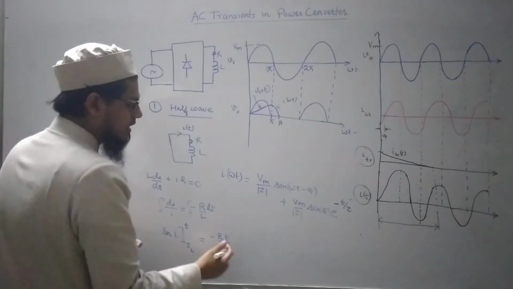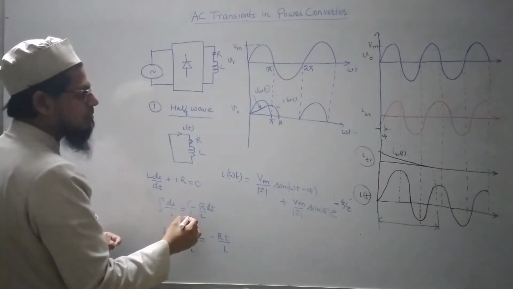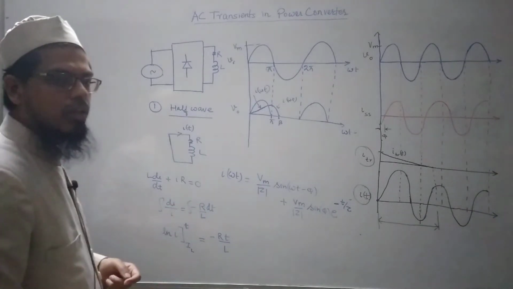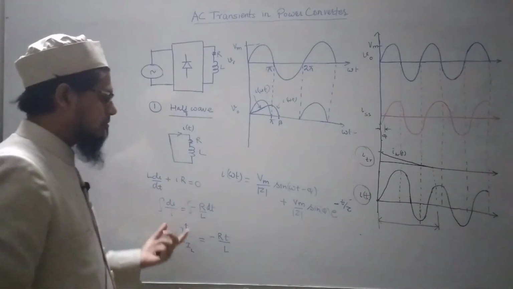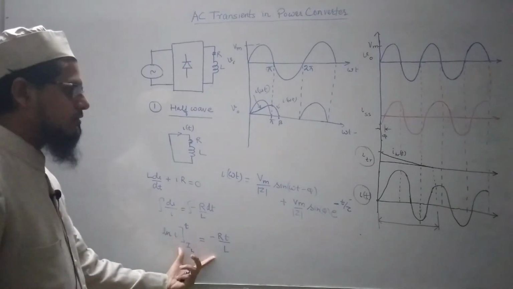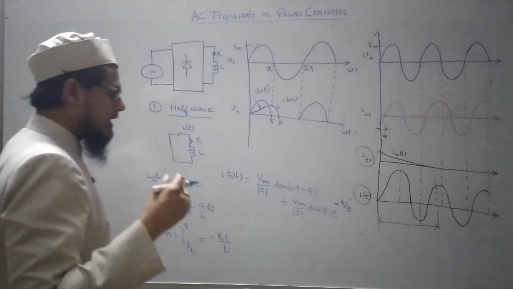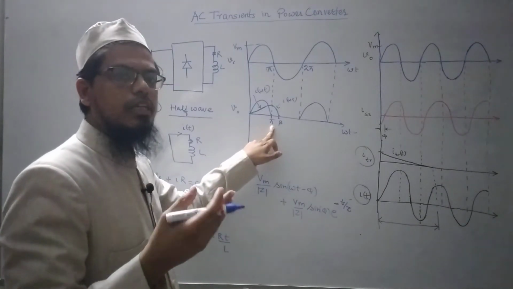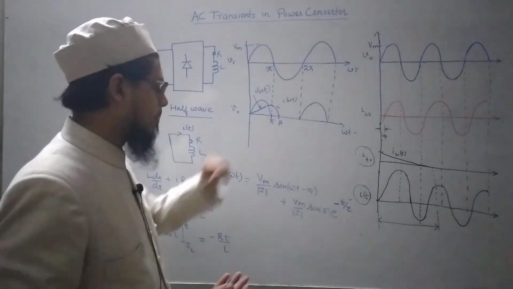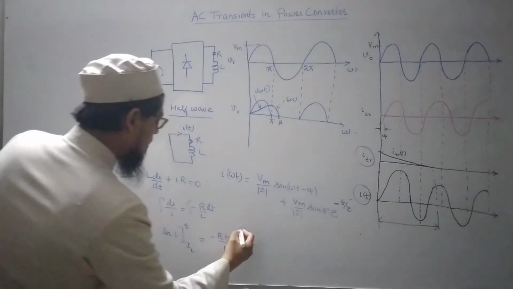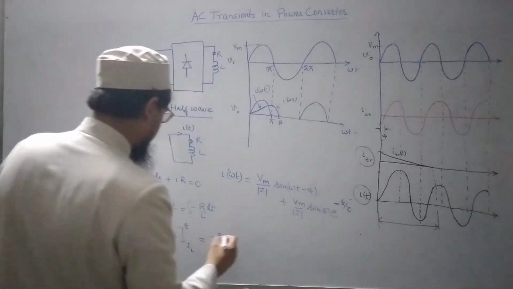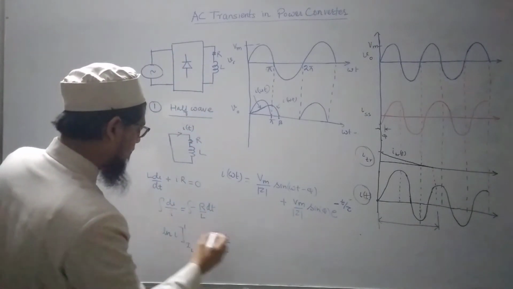I could have taken t from pi to some value t, that is also possible, but let me take it like this, there is no issue with it. I just have to keep in mind that I am taking t equal to 0 at the instant when omega t is pi.